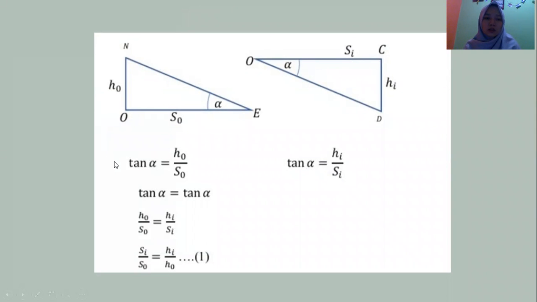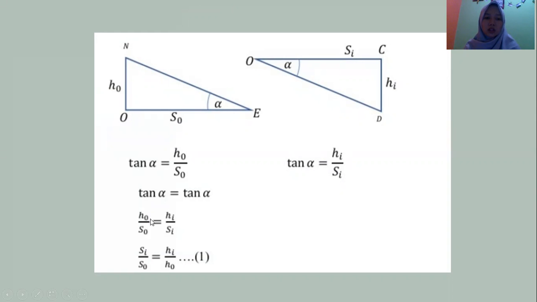To find the formula, tan alpha equals HO divided by SO. So here we can conclude tan alpha equals tan alpha.